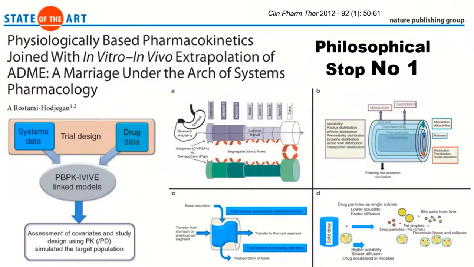This paper was published in 2012 in the journal Clinical Pharmacology and Therapeutics, and the bottom left-hand corner is the key element of what this report was talking about as part of my own journey: the importance of separating systems parameters from the drug parameters and putting them back together under different conditions, different populations, that trial design then governs in any virtualization of that particular clinical trial.